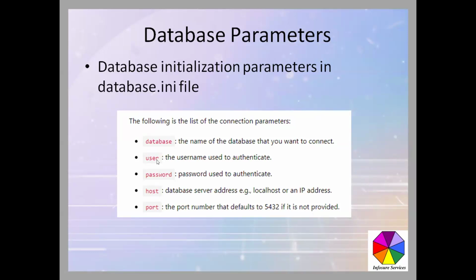Each database will have a connection parameter. Connection parameters are typically database initialization parameters. Why do they call it initialization? Because when the administrator starts the database, the parameters in this file called database.ini are read, and then the database starts.